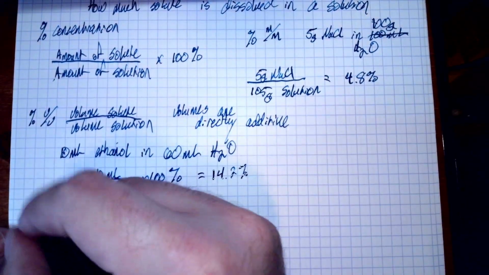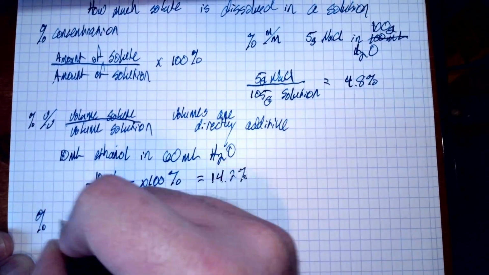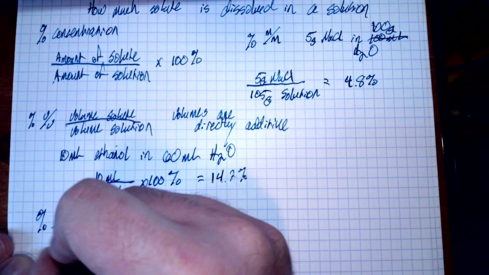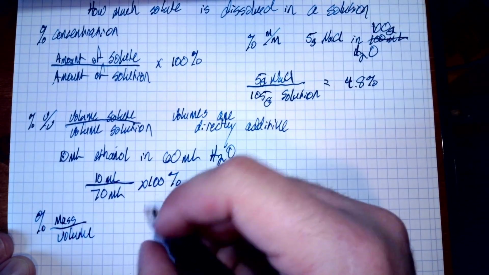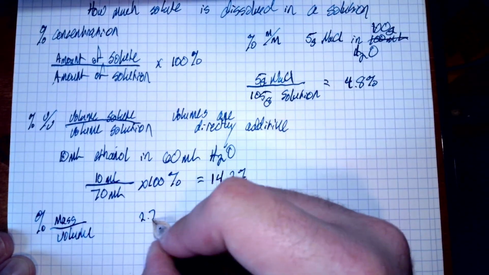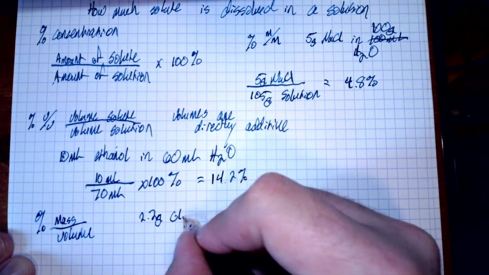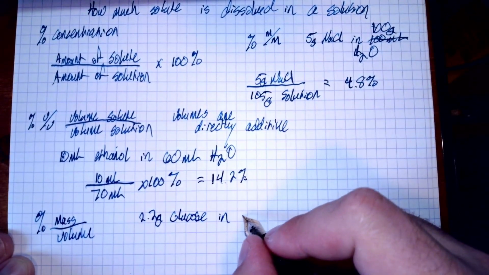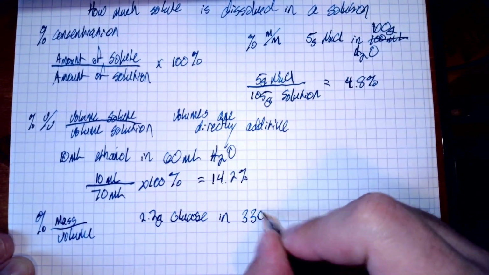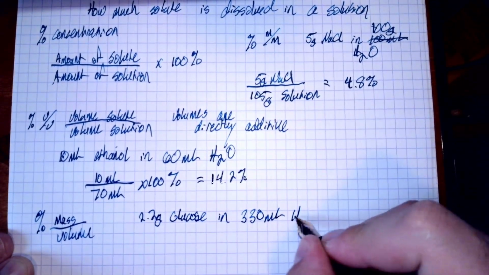Now we can also do percent mass over volume. So let's say hypothetically I dissolve 2.2 grams of glucose in 330 milliliters of water.